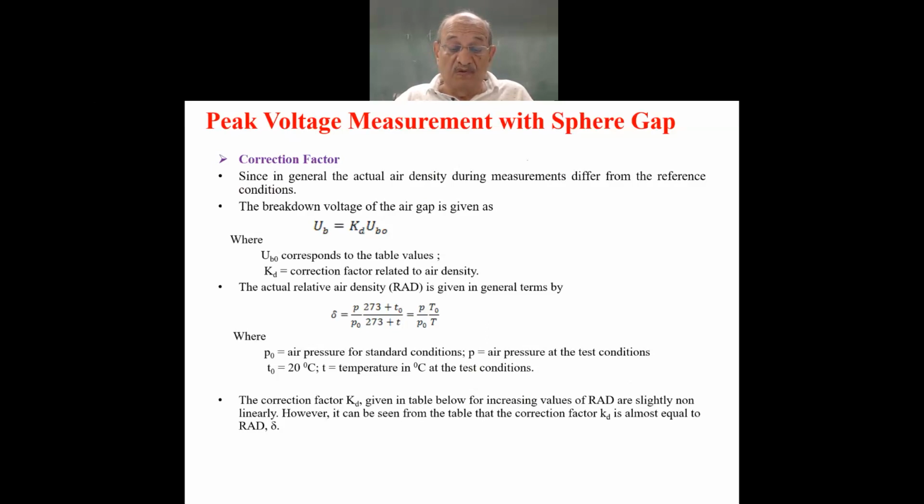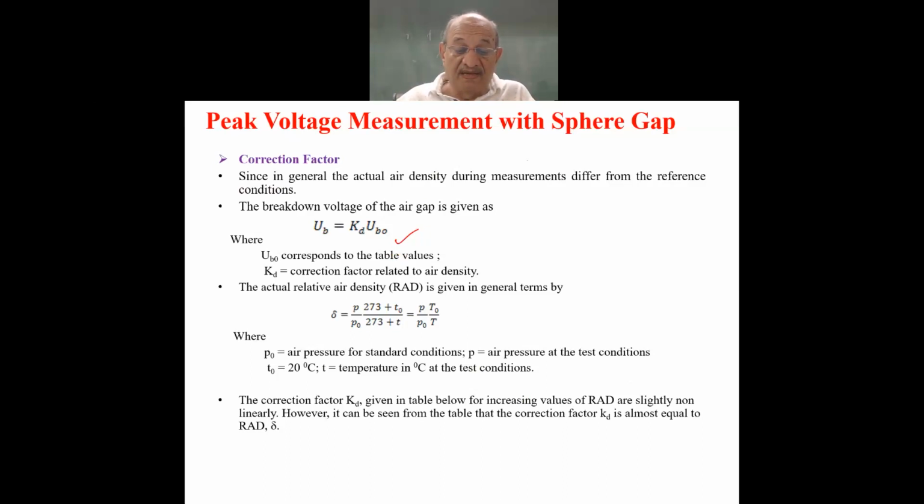U_B0, as you see here, corresponds to the table values measured at NTP, and you want to know U_B, the breakdown voltage, which is the voltage you want to measure at other than the reference value. So you have to multiply it with a correction factor, known as K_D.